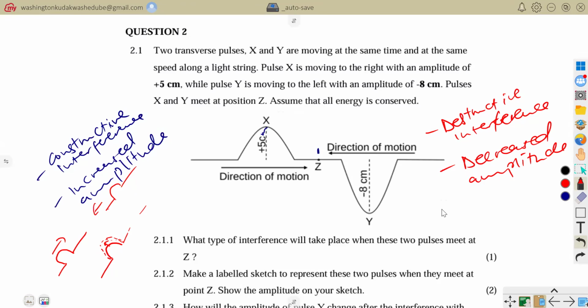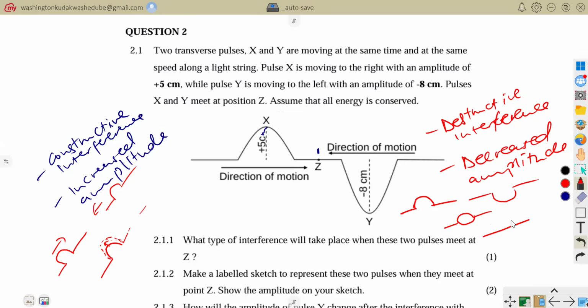But when it comes to this side, let's say one is positive in this format and the other is negative in that format. What is going to happen is what we refer to as destructive interference, where we subtract the two. At the end of the day, you might have something like that.